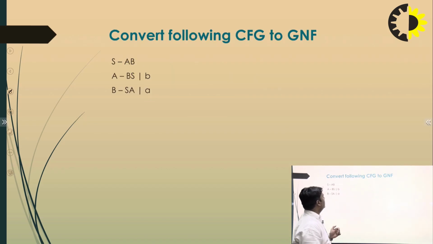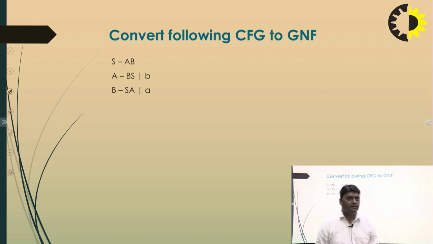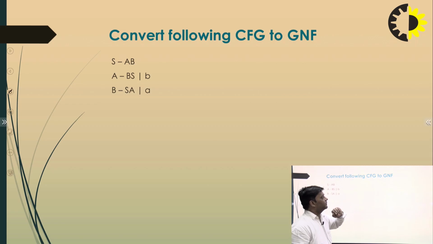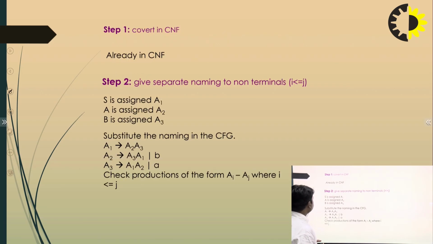We take an example. S implies AB, A implies BS, B implies SA, and B implies A. This grammar is to be converted into GNF. The first step is to convert it into CNF. The given grammar is already in CNF, so no need to convert it.